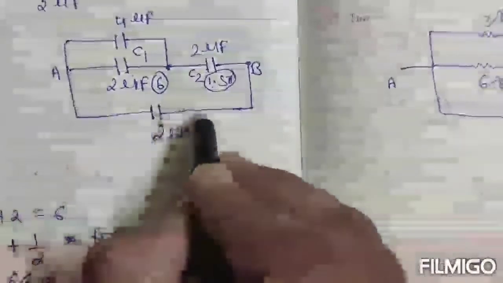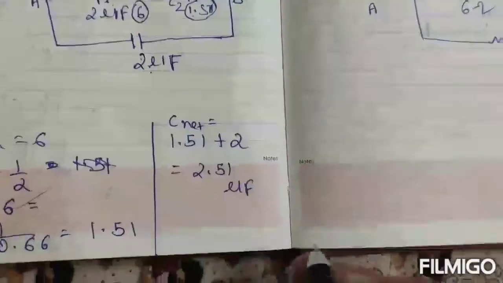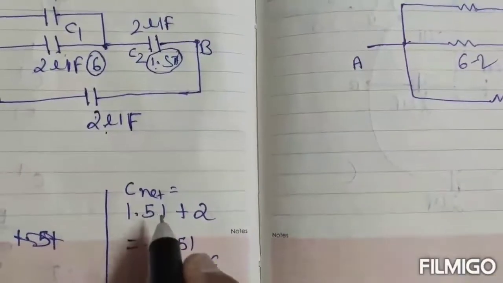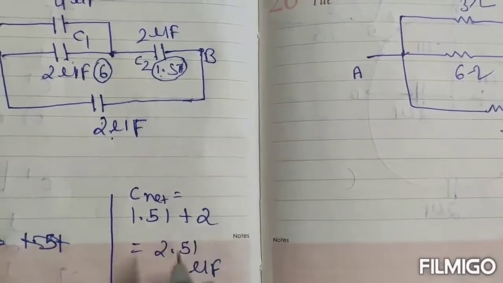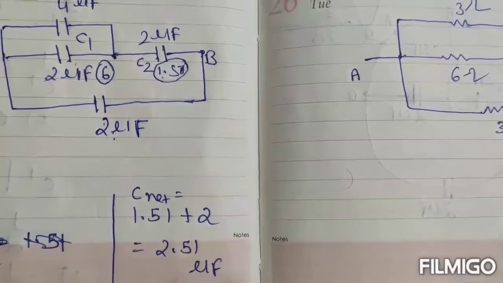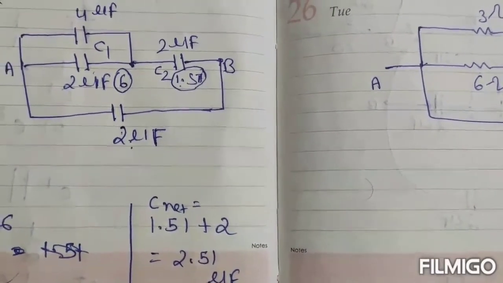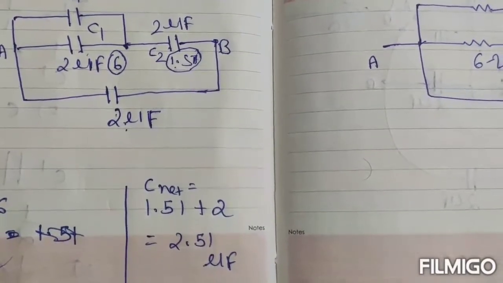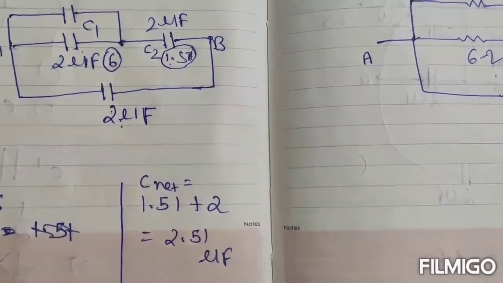This one, because this is one way to go to B and this is another way to go to B. So 1.51 is parallel with 2 microfarad. So what is the final answer, C net? 1.51 plus 2. As this is a parallel connection, simple addition gives 2.51 microfarad, right? Always remember, if it is a series connection, then fraction addition. If it is a parallel connection, then there is a simple addition.